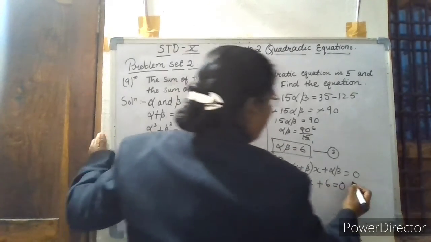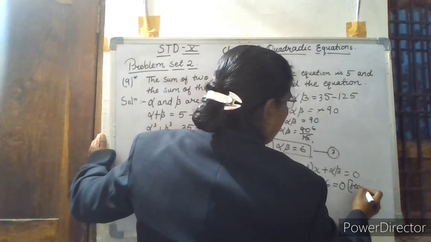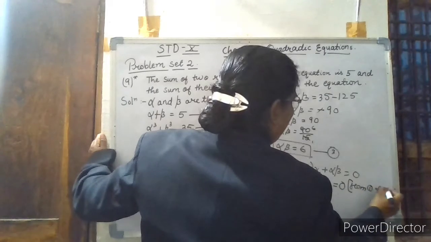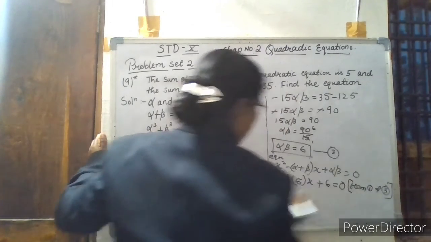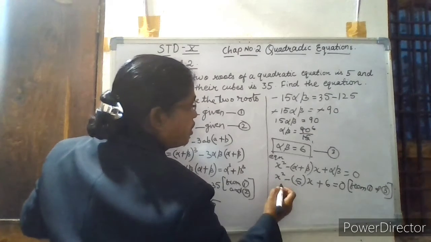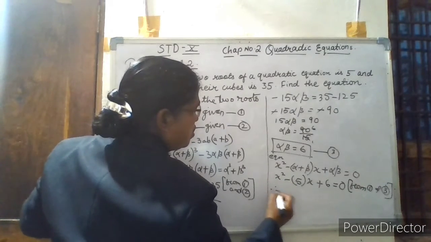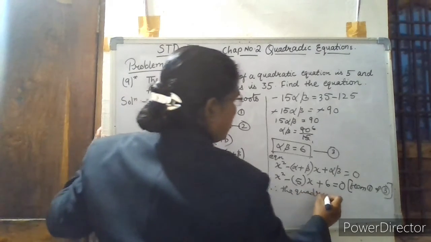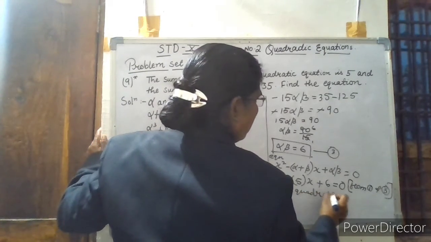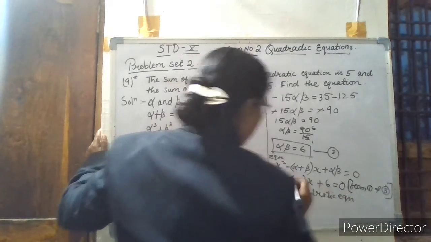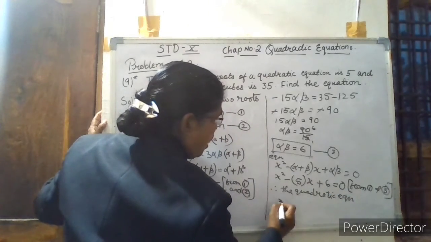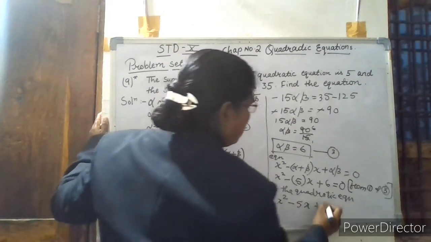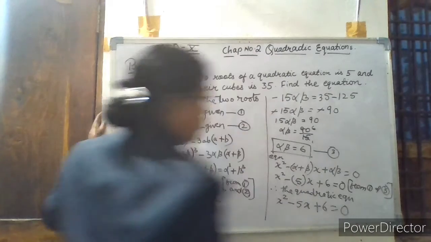We got it from 1 and 3. Therefore, the quadratic equation is x squared minus 5x plus 6 equal to 0. So this is the solution.